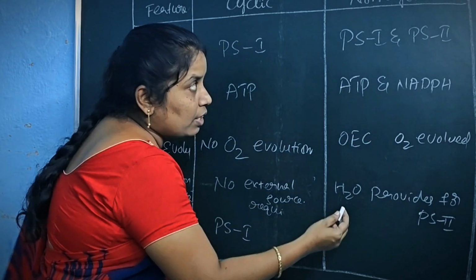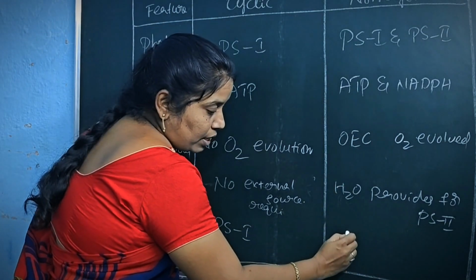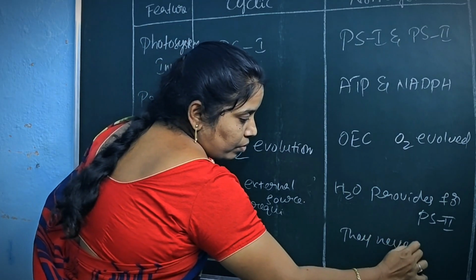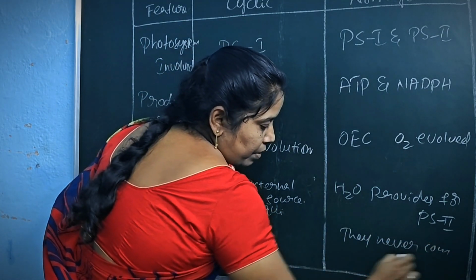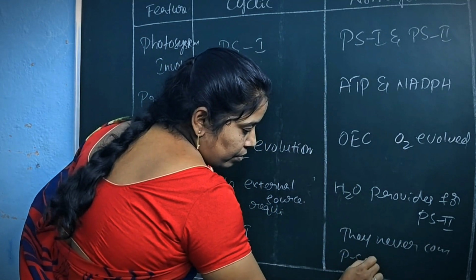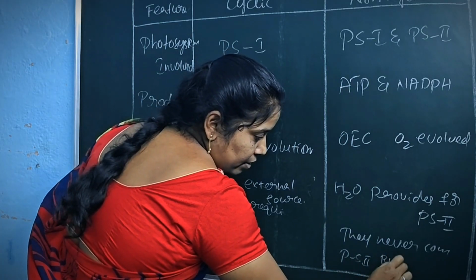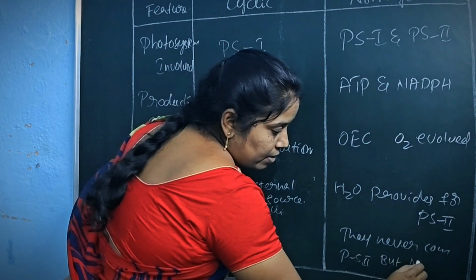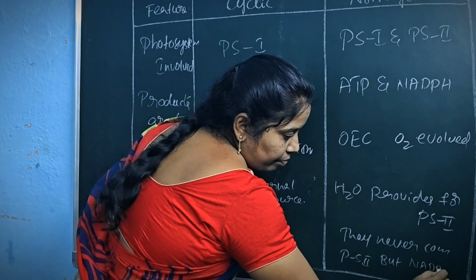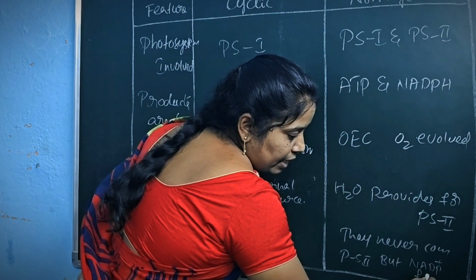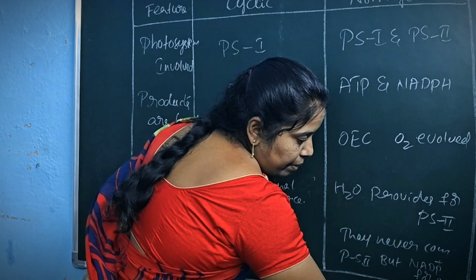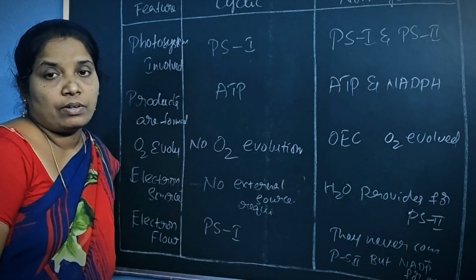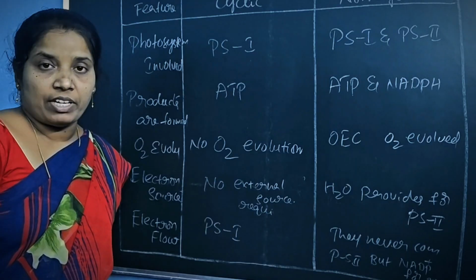In the case of the non-cyclic electron transport chain, they never come back to PS2, but they are finally given to NADP+ for the reduction of NADP+. Okay, there NADPH2 is synthesized.